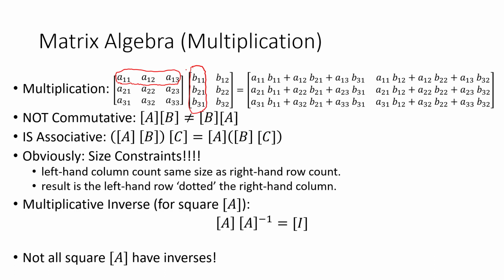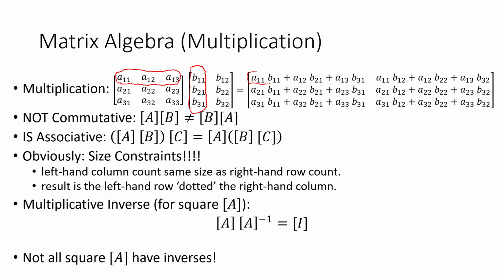So what I've just done is I've shown you that you're going to take the first row, A11, A12, A13, and you're going to multiply it or dot it with B11, B21, and B31.